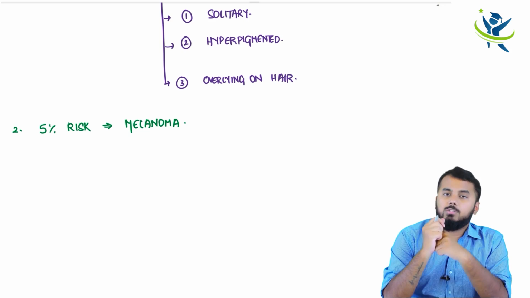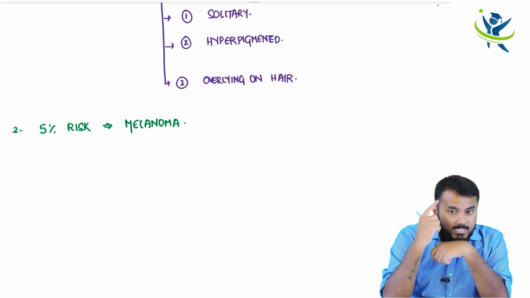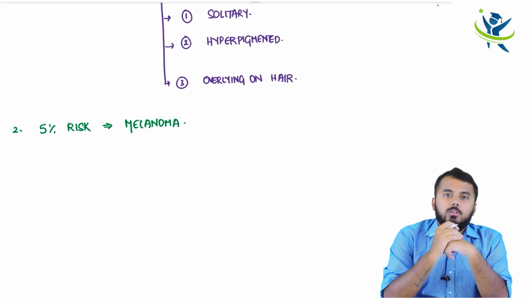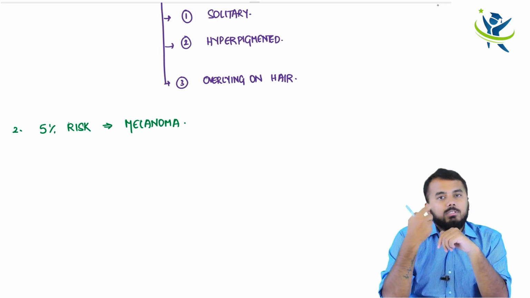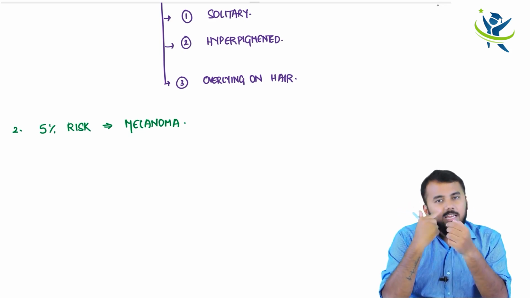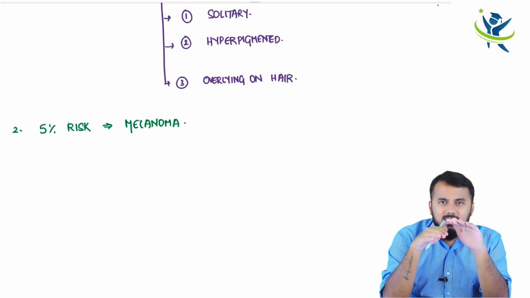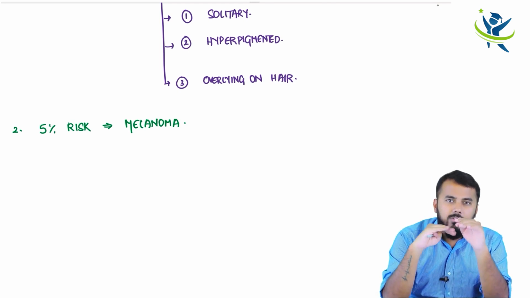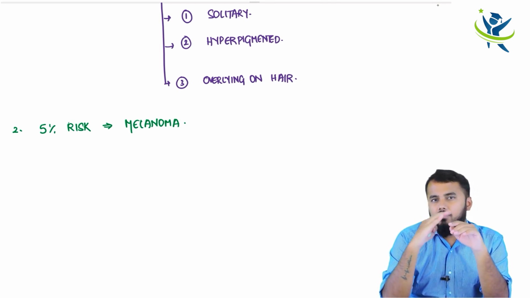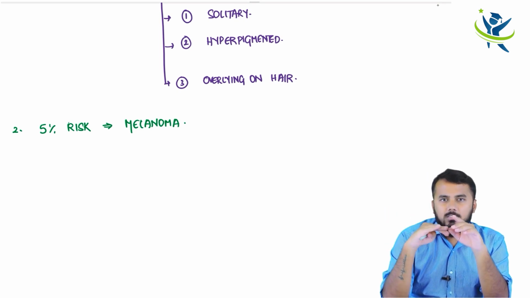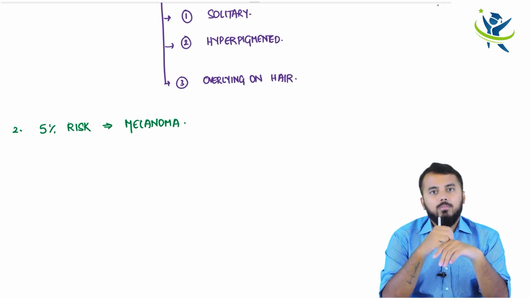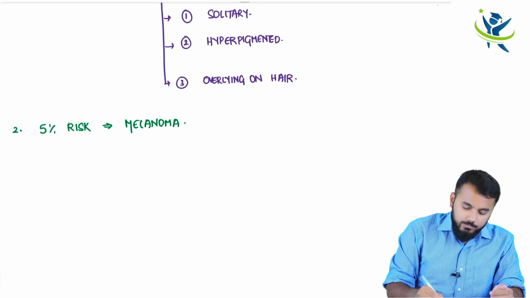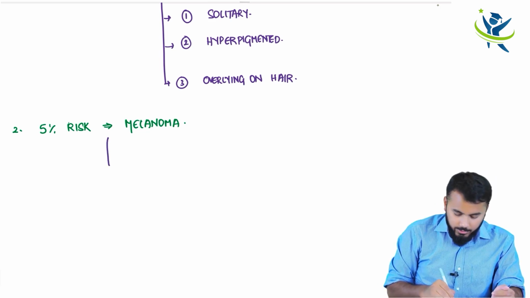So, to reduce the risk, what you need to do? Surgical resection of that patch, surgical resection of that nevus, right? When you surgically resect that part, the chances of converting into a malignancy, the chances of developing a melanoma, will be less. So, what you need to do for this?